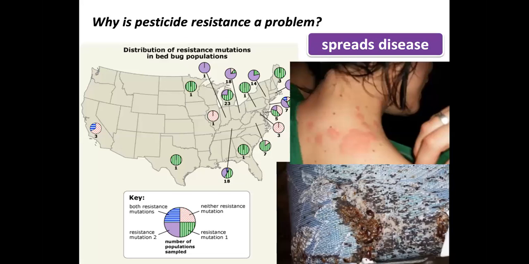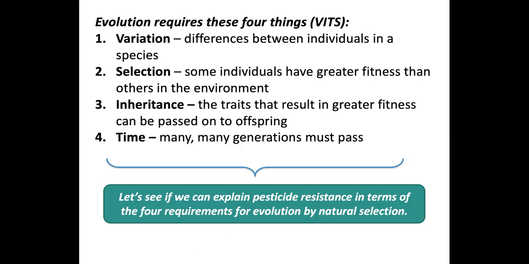Another one is that it can spread disease. So the big one that we're going to talk about today is bed bugs, which gives me the heebie-jeebies just thinking about it. Okay? So we're going to see this just like we saw for antibiotic resistance. So we're going to go through variation, selection, inheritance, and time.